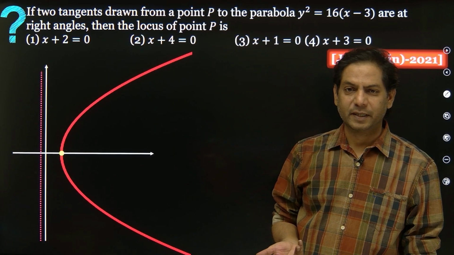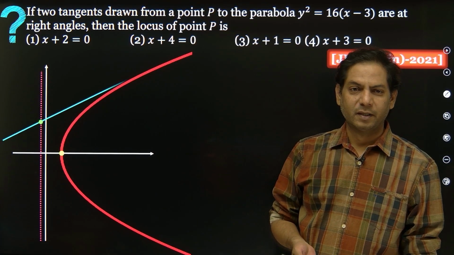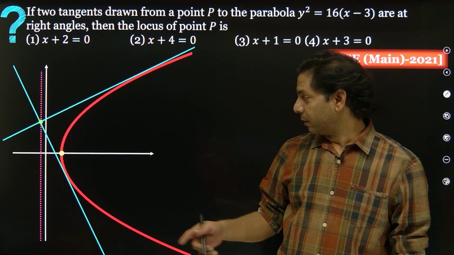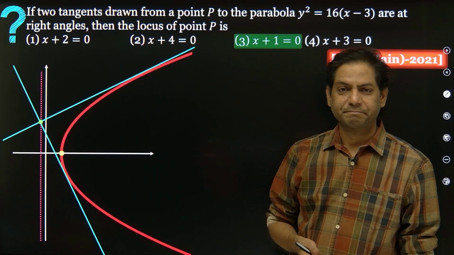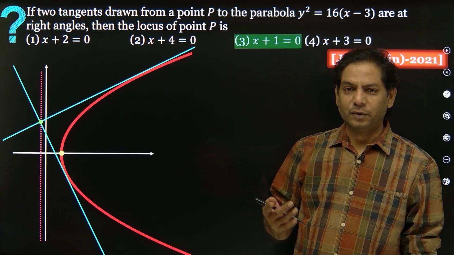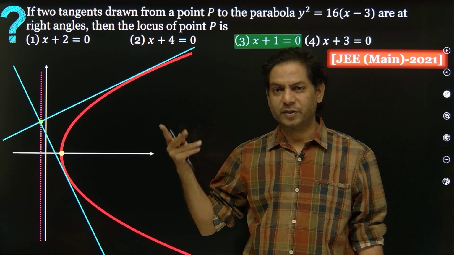So the answer is x is equal to minus 1 or x plus 1 equal to 0. And tangents will be mutually perpendicular from any point on this directrix. So the answer is the third option. So by reusing properties, sometimes questions can be answered like this if the right property strikes you at that time.